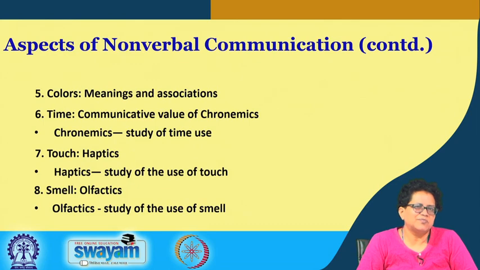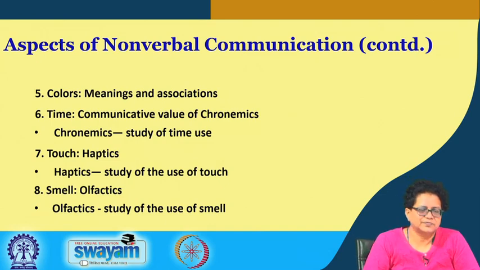Fifth type of nonverbal communication is colors, because colors are not simply colors as such. Colors are not simply black and white, vibgyor, violet, indigo, blue, green, yellow, orange, red, or the associations or the kind of mixtures we can make with that.